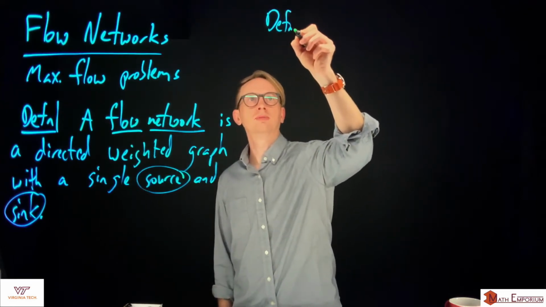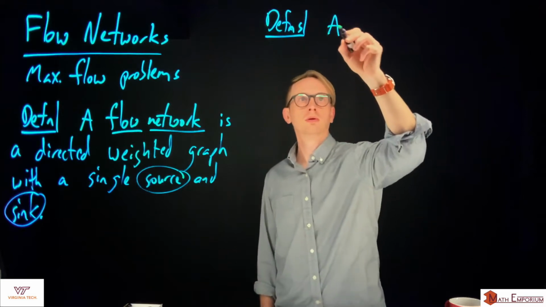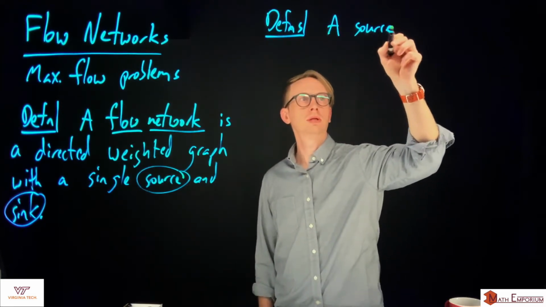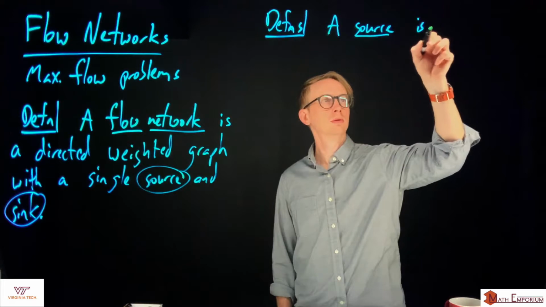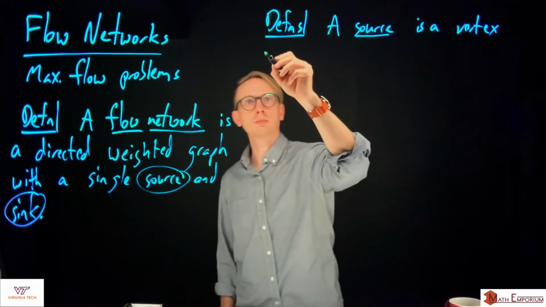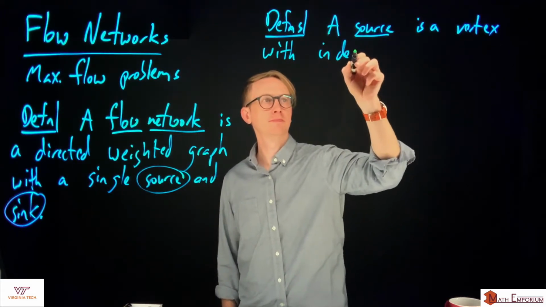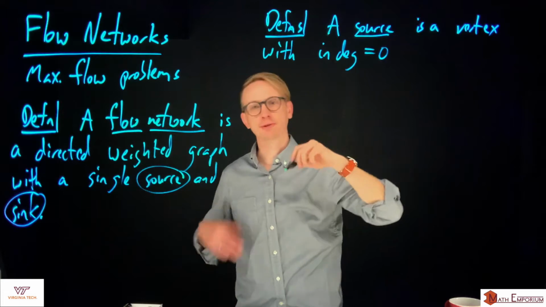All right, let's go ahead and do them together as definitions. A source is a vertex with in degree equals 0. Everything's going out.